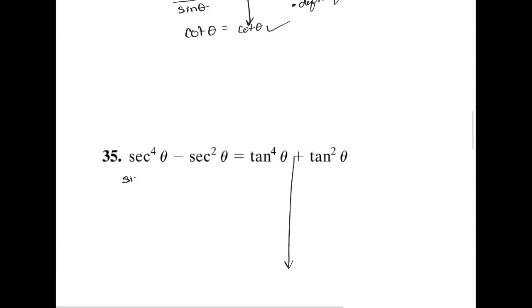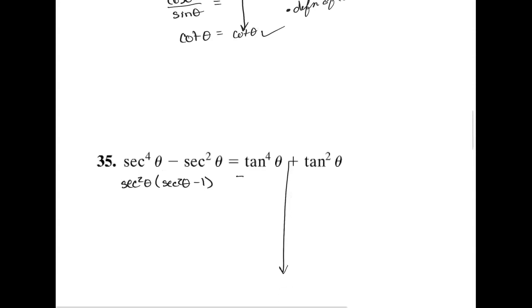So I see that I could factor out a secant squared. And that's going to leave me with secant squared of theta minus 1. So I'll write the steps over here again. We factored out a secant squared.